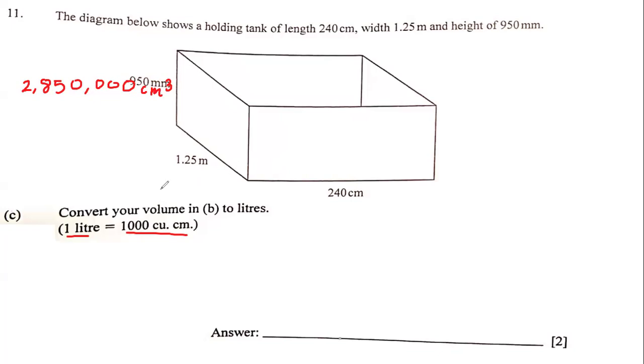All right. Go ahead, Chanel. I think that you should divide it by 3,000. Divided by 3,000? Why 3,000? It says 1 liter is equal to 1,000 cubic centimeters, or 1,000 centimeters cube.